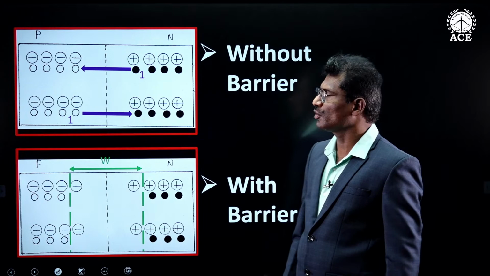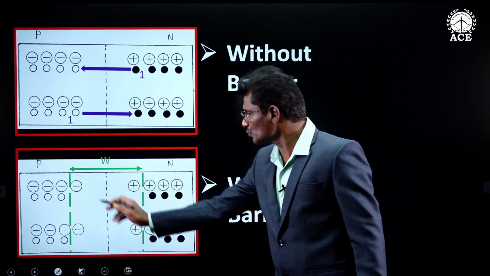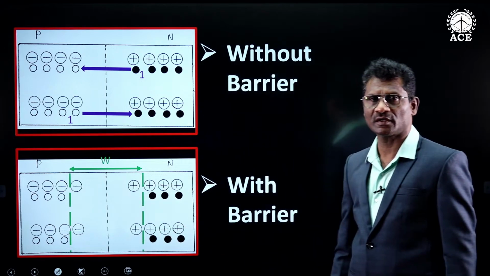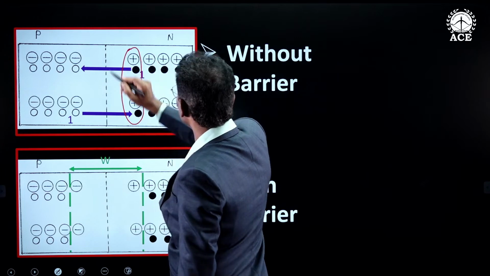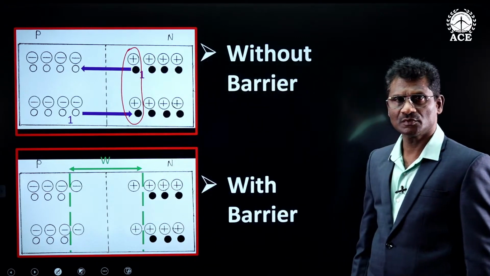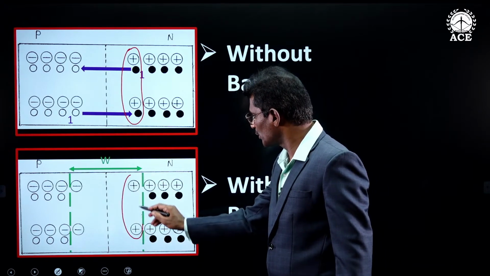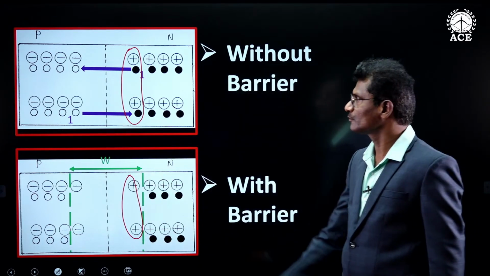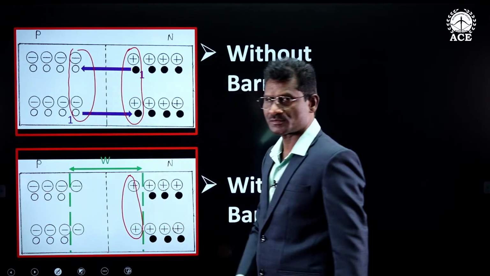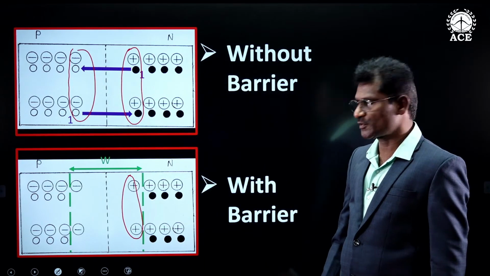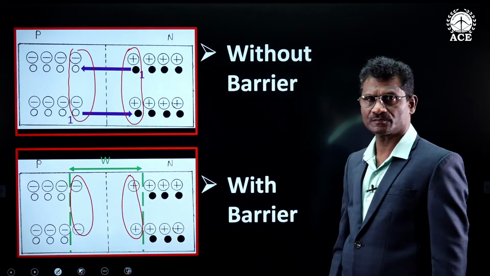During electron-hole pair recombination, we observe that positive and negative ions will get created. These are neutral donor atoms. They have lost electrons and hence become positively charged ions. These are neutral acceptor atoms. After they accept electrons, they become negatively charged ions.